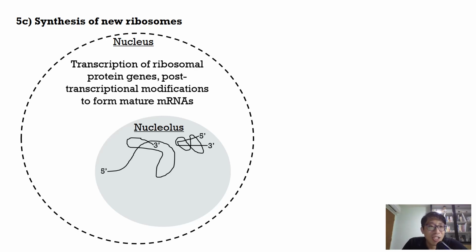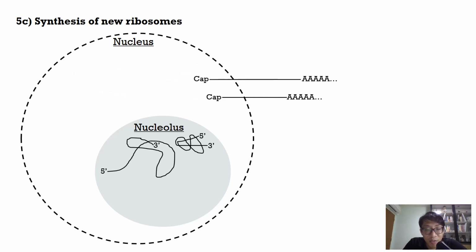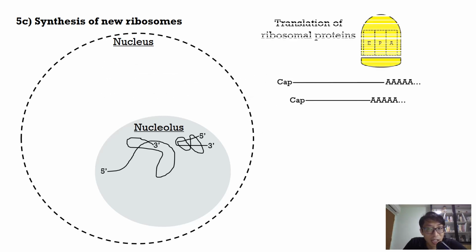Then there are genes outside the nucleolus, in other parts of the nucleus, that code for proteins, and some of these proteins are ribosomal proteins. These genes coding for ribosomal proteins will be transcribed into pre-mRNAs, and the pre-mRNAs will undergo post-transcriptional modification to form mature mRNAs. The mature mRNAs then leave the nucleus for translation in the cytoplasm by existing ribosomes.